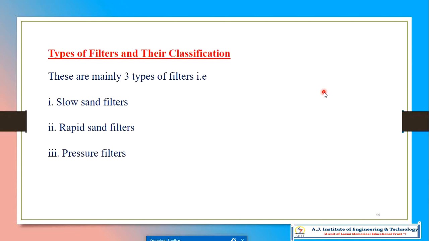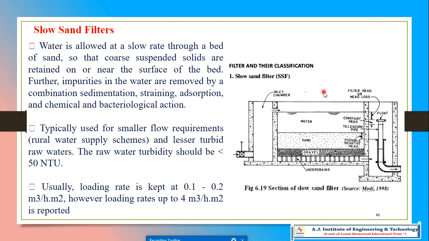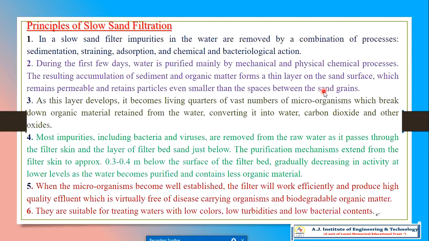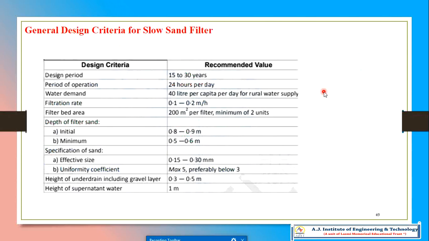Then the types of filters. Under that, the classification of slow sand filter, and before that the rate of filtration we discussed in a certain manner. In the slow sand filter we discussed how the process works and how it can be effectively utilized, the principle behind the slow sand filter as well as its function, both are the same, and the design criteria of the slow sand filter.